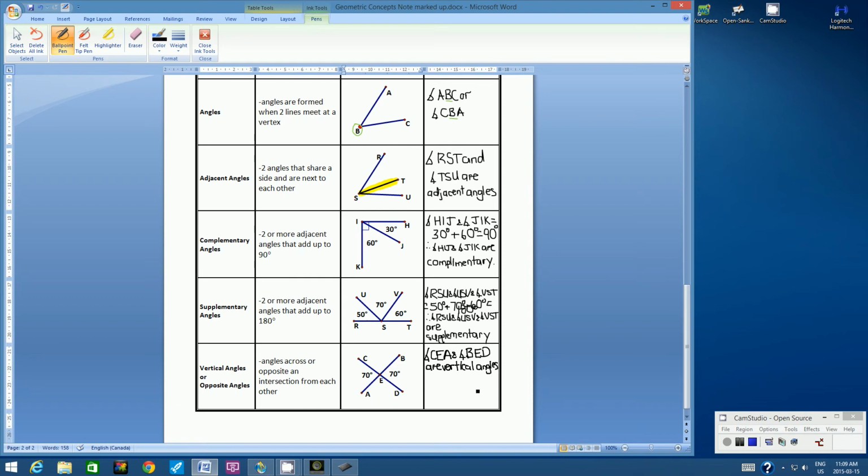Okay? Now remember, vertical or opposite, those two terms are interchangeable. So we could have written angle CEA and angle BED are opposite angles.